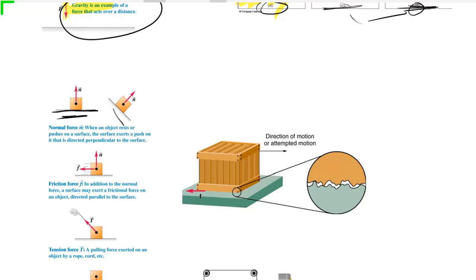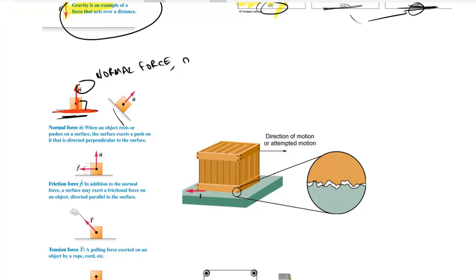The box also exerts one onto the surface, but let's focus on the force that the floor exerts onto the box, and the direction of this would be perpendicular to the surface itself. So if I drew this down, then this would be perpendicular right here. So we call this the normal force. Normal meaning perpendicular. So this is our normal force.